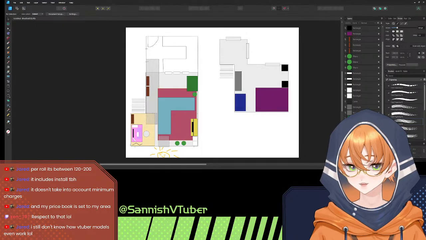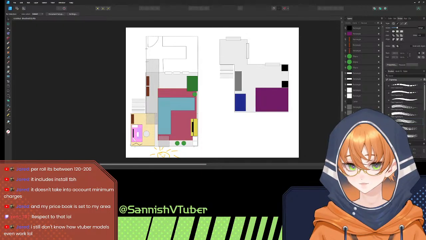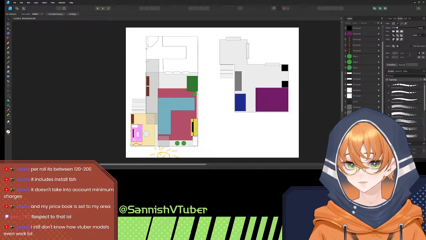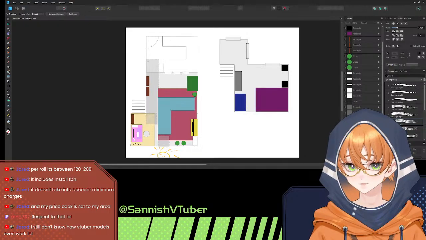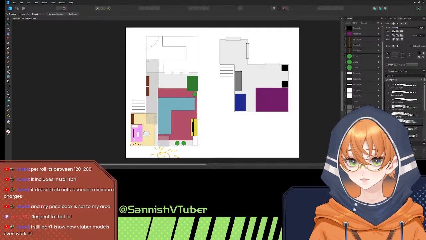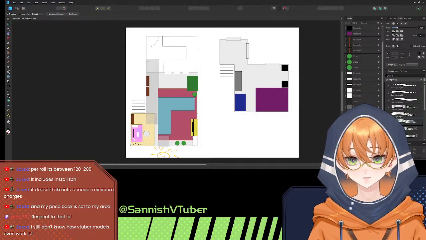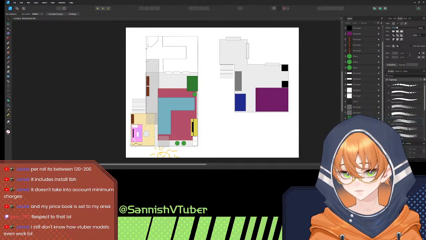I have the openings, open it up. The scene's gonna be under streams, 1.0 model. Do I not have the full one? Let's see if this opens. Should open.